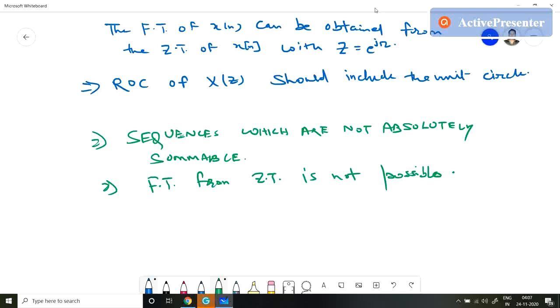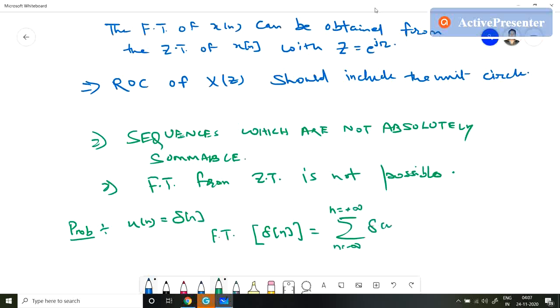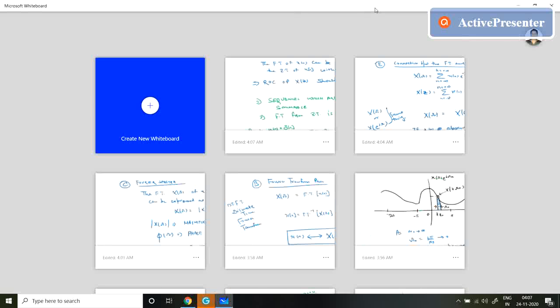Consider an example. If x[n] is a unit sample sequence, let us find its Fourier transform. The Fourier transform of δ[n] is the summation from n equals minus infinity to plus infinity of δ[n] e^{-jΩn}. Applying the sampling property, this term becomes 1 at n equals 0, so the result is 1.